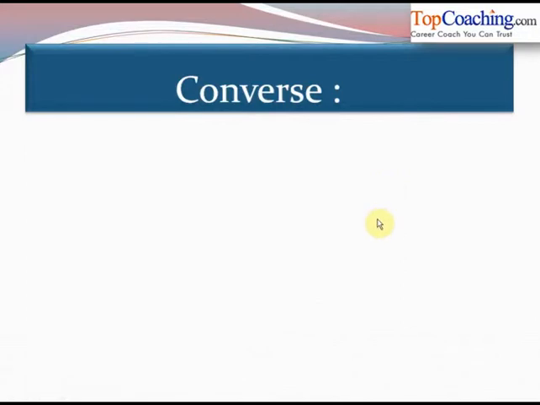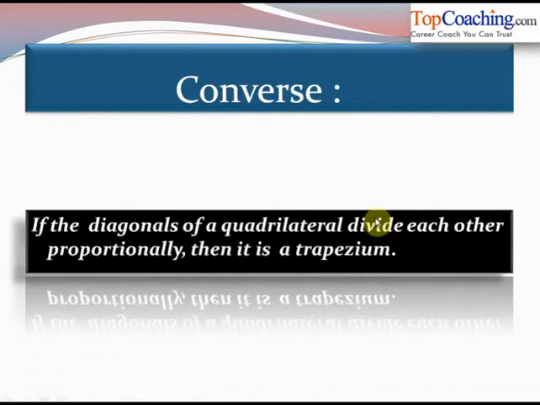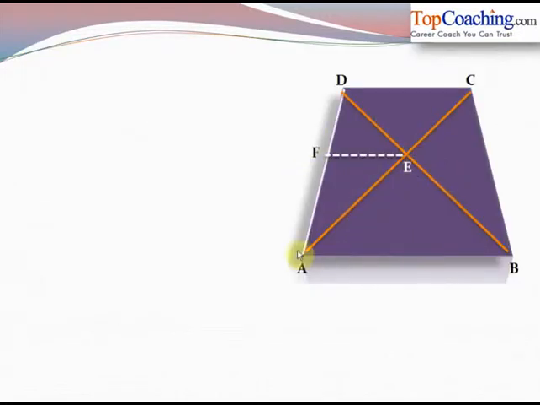Similarly, we have a converse of this very theorem, and that is, if the diagonals of a quadrilateral divide each other proportionally, then it is a trapezium. So the converse is, if we have any quadrilateral such that the diagonals intersect each other proportionally, then this quadrilateral is a trapezium. Again, let us say that we have the same figure, ABCD is a quadrilateral.